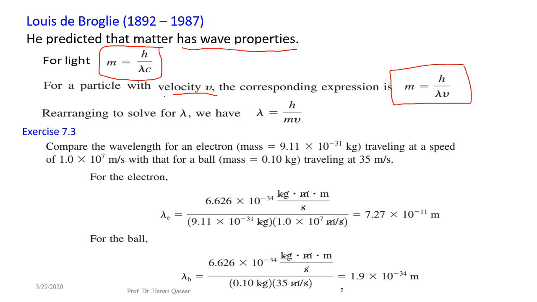By rearrangement to solve for lambda, we get lambda equals h over mv, where this lambda is called lambda de Broglie.